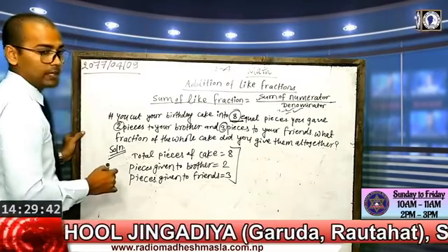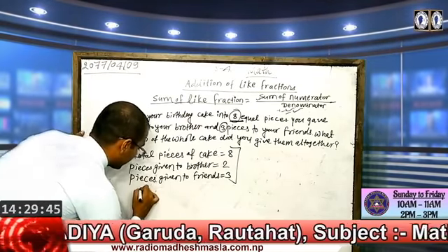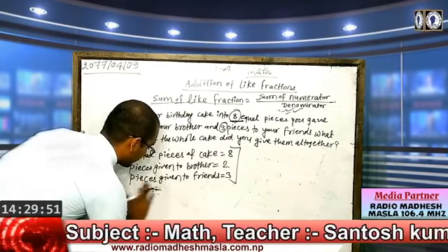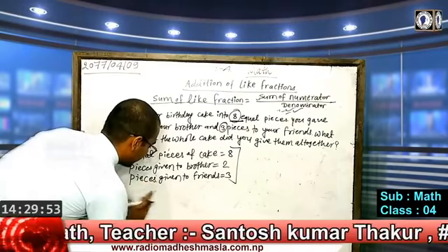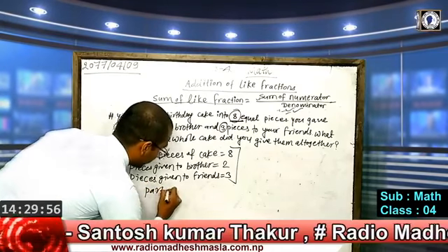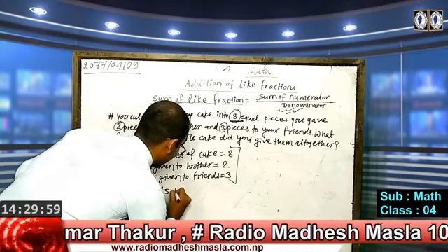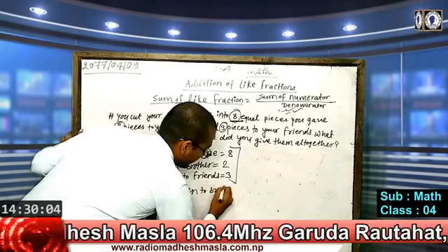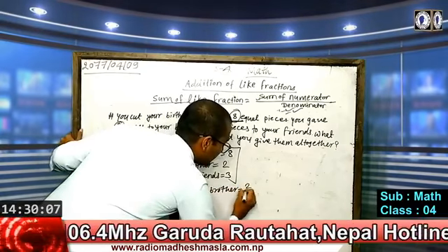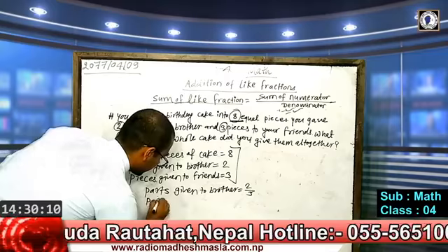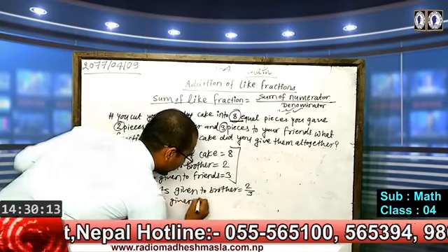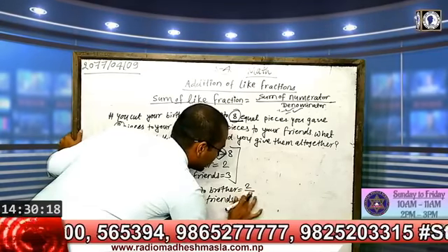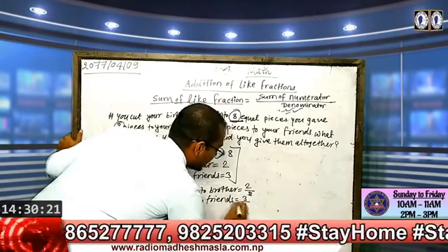Parts given to brother is equal to what? 2 by 8. In the same way, parts given to friends is equal to 3 by 8.